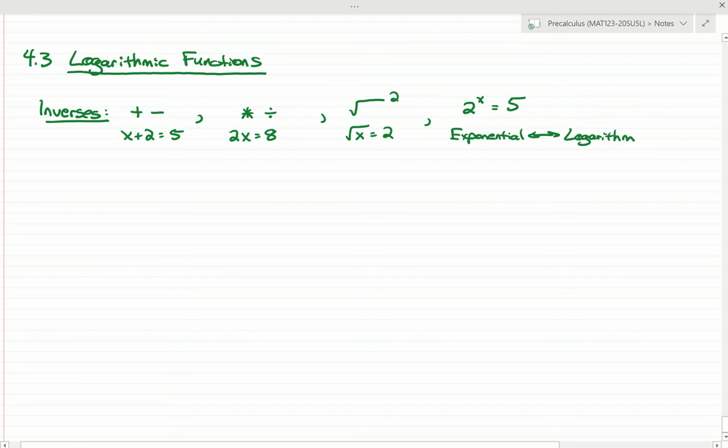That's its purpose. So I'll even write that again. A logarithm is the inverse of an exponential function.